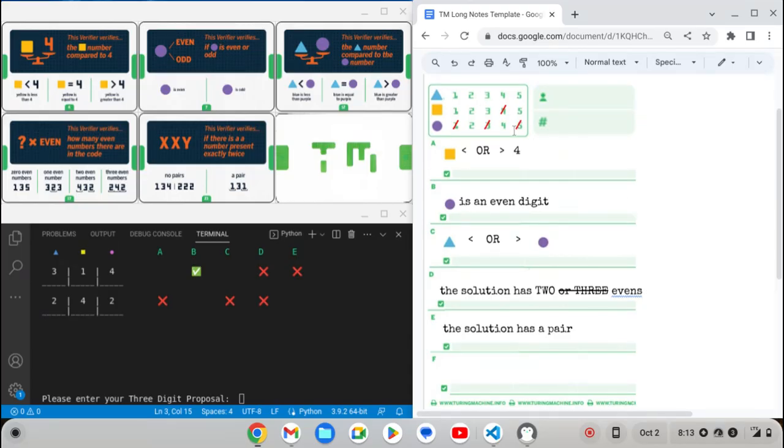So let's see, how many possible solutions have pairs of 2s? So we know that triangle and circle can't be equal. So it's going to be something like 2, 2, and then, oh, because we only have 2 evens, that means that square and circle are going to be even.